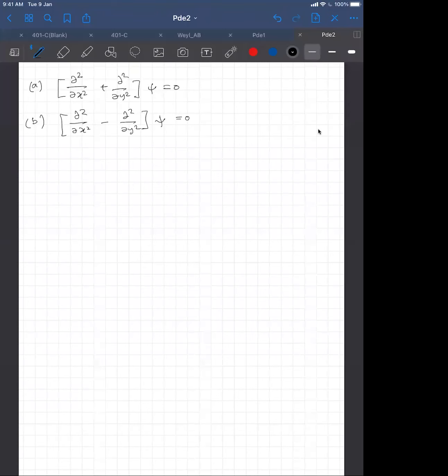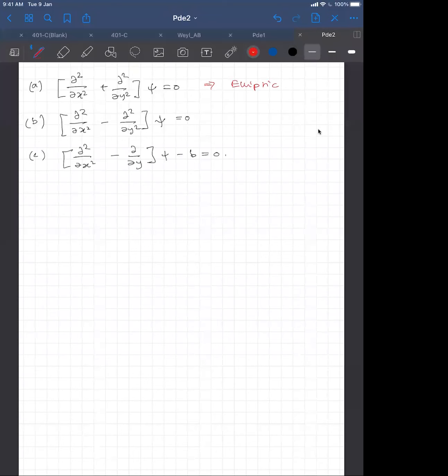And finally, C was del 2 del x squared minus del y of Psi minus b equal to 0. It's very clear that the first one is elliptic.